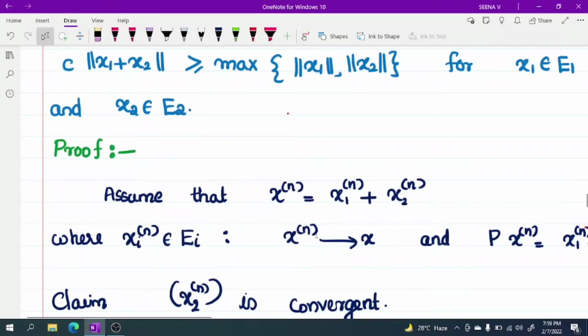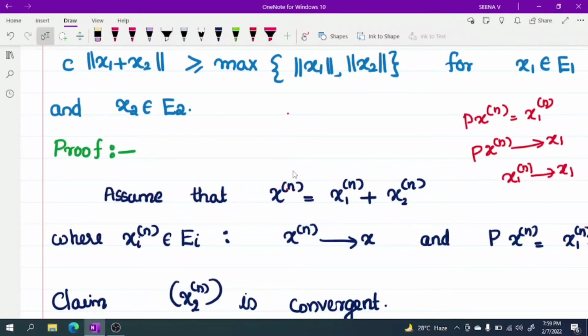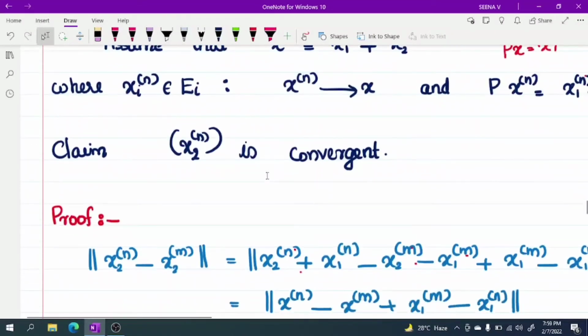And the projection of xn, Pxn, is actually x1n, and suppose Pxn converges to x1, that is x1n converges to x1. Then what we have to prove? We have to prove Px equal to x1.